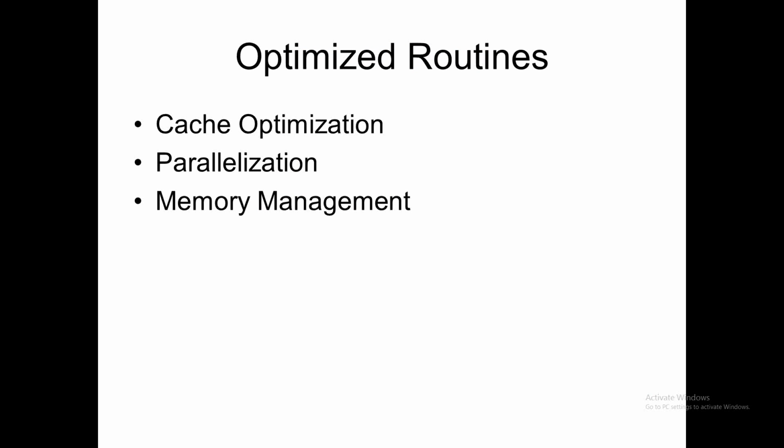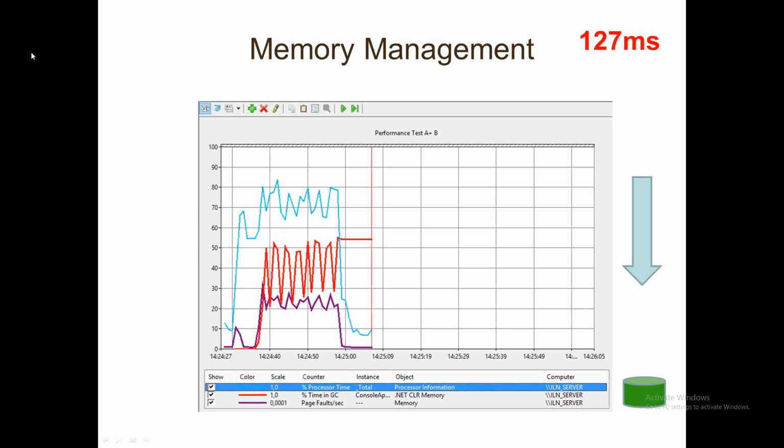This is a bit of an expert thing, we'll still tell you here. What you see here, the light blue line, is your processor time. The red one is the time the processor spends in garbage collection, and the purple line is what we call page faults.